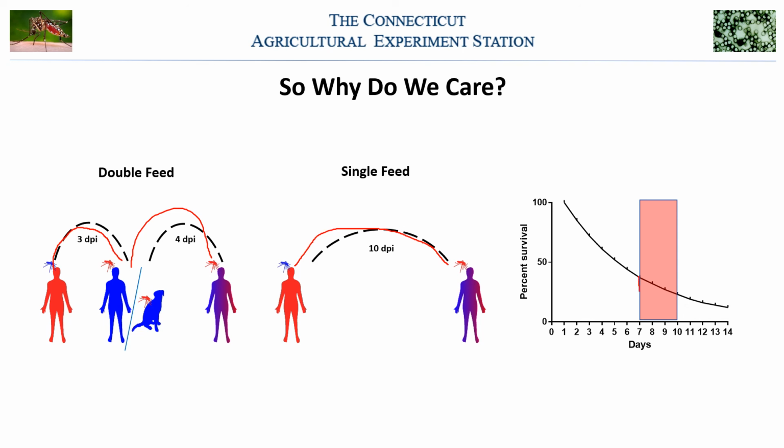So if they're able to transmit earlier, then you have an increased number of infectious mosquitoes that are available to bite and feed on individuals. And so the thought is that this increased transmission capability at these early time points can really explain the explosiveness of recent arbovirus epidemics such as Zika virus and chikungunya virus here in the New World.